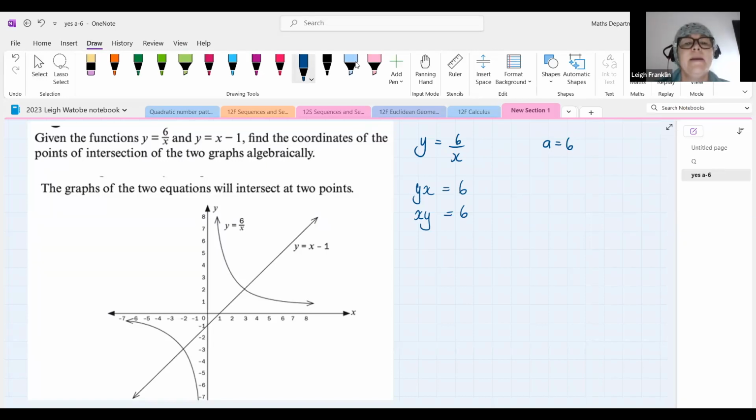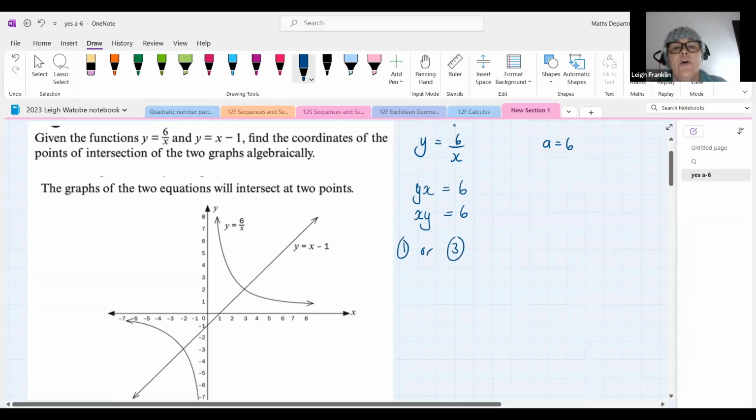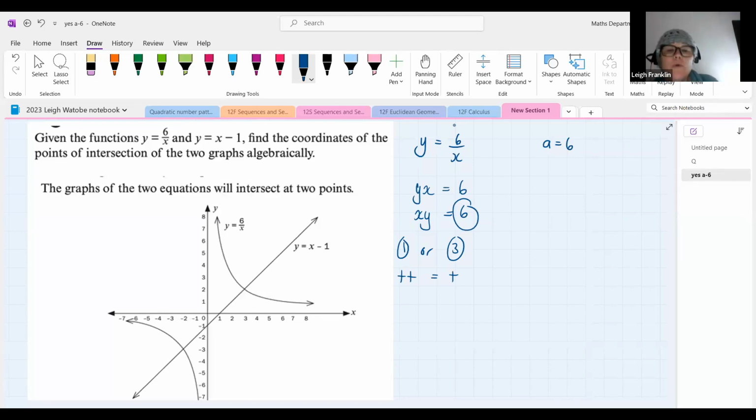So what that means is an x coordinate multiplied by a y coordinate. In quadrant 1, you've got a positive x multiplied by a positive y, which gives you a positive a value. Or in quadrant 3, you've got a negative x and a negative y, which gives you a positive a value.